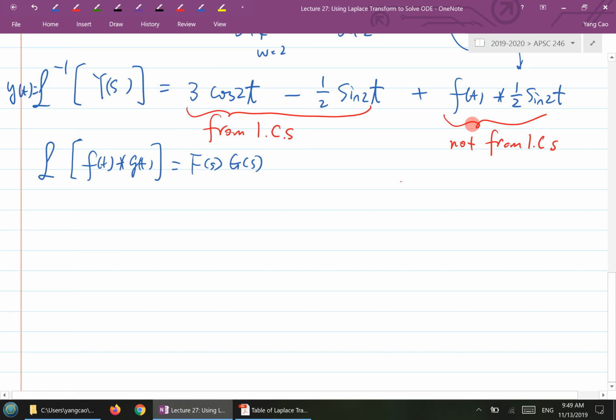So here is a flow chart I wanted to show you. If you start from an ODE, we take the Laplace transform.